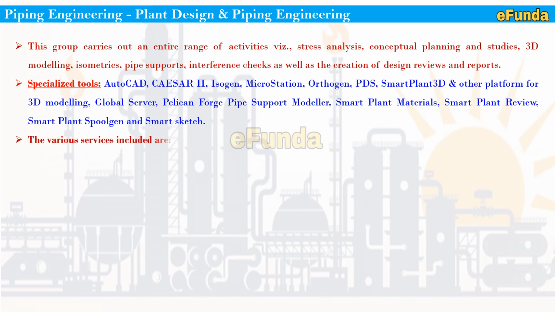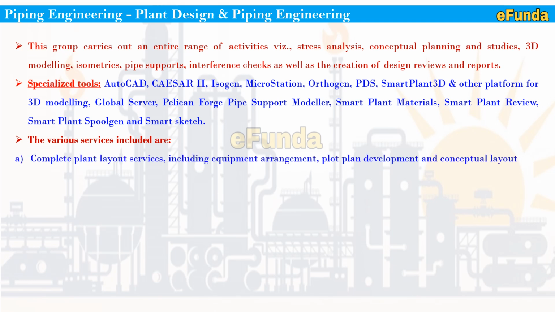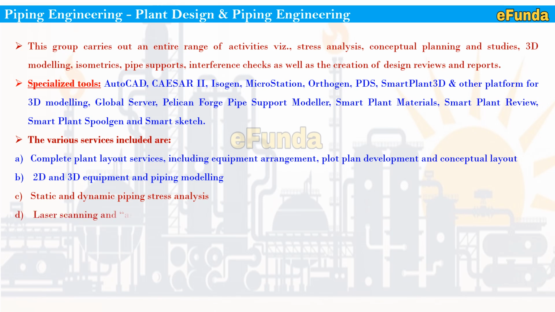The various types of services included are: A, complete plant layout services including equipment arrangement, plot plan development and conceptual layout. B, 2D and 3D equipment and piping modeling. C, static and dynamic piping stress analysis. D, laser scanning and as-built services.